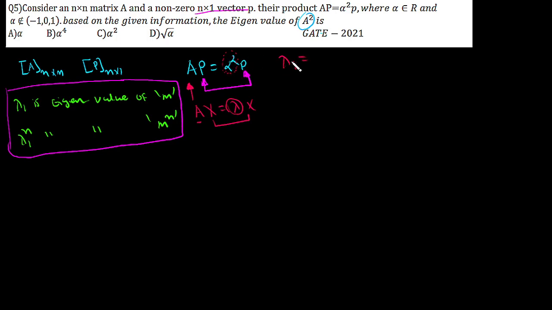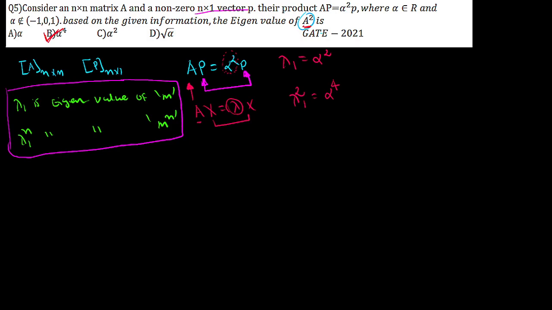When we need the eigenvalue of A square, we just simply square it. So lambda 1 square is the eigenvalue of matrix A square, which is alpha to the 4th power. Option B is the correct one for the eigenvalue of the A square matrix.